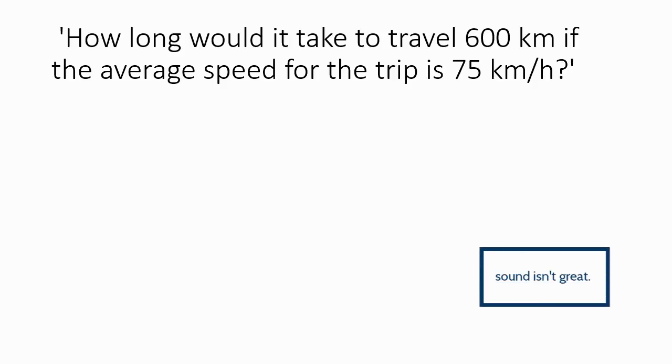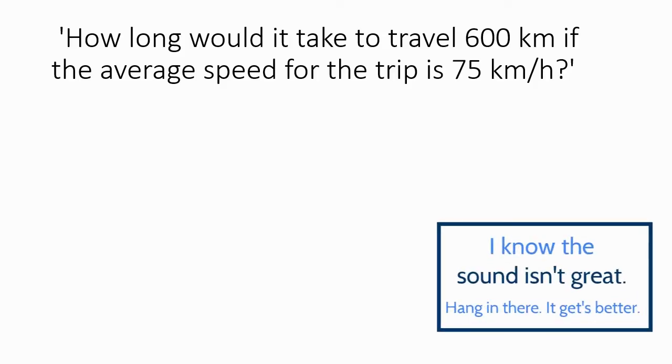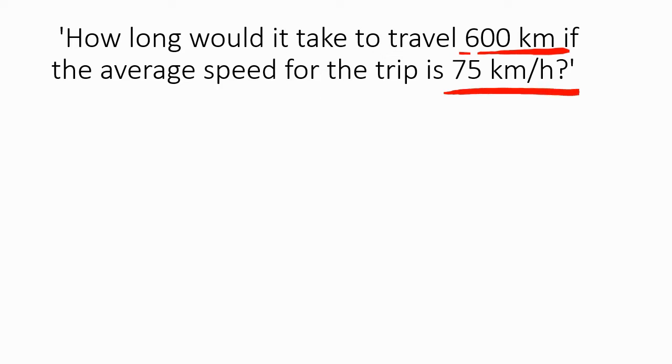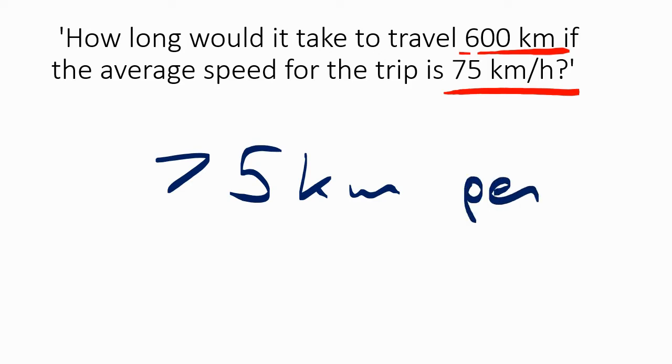Here's our first question. How long would it take to travel 600 kilometers if the average speed for the trip is 75 kilometers per hour, which means you're going at 75 kilometers per hour? That means each hour you move 75 kilometers.